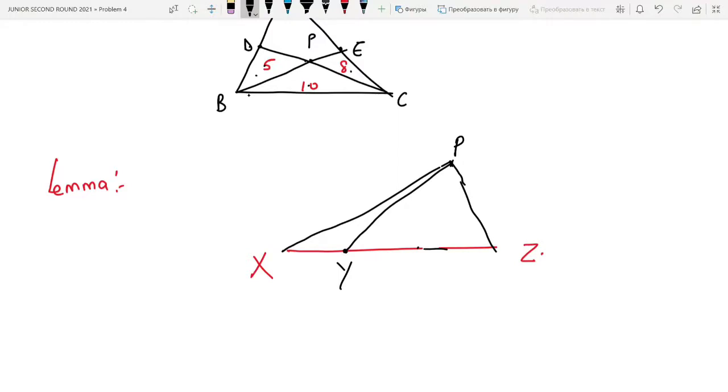So for any point P that is not on this line and forms a triangle with XZ, the ratio of the areas of PXY to PYZ is constant. This sign denotes area.